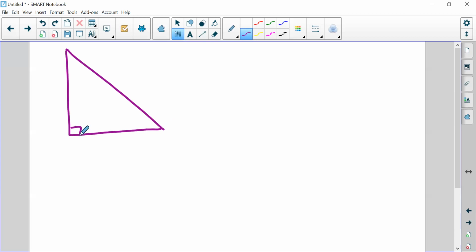All right, I'm going to let L equal the length of the fishing line.